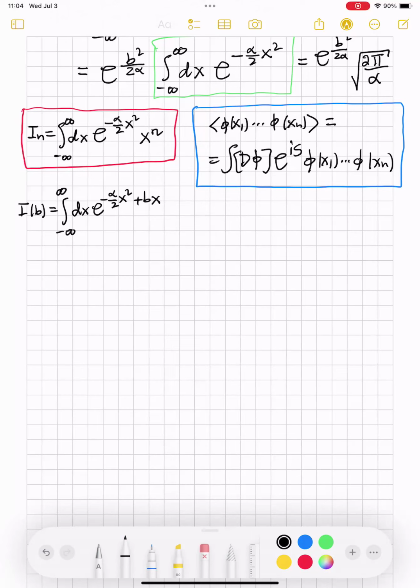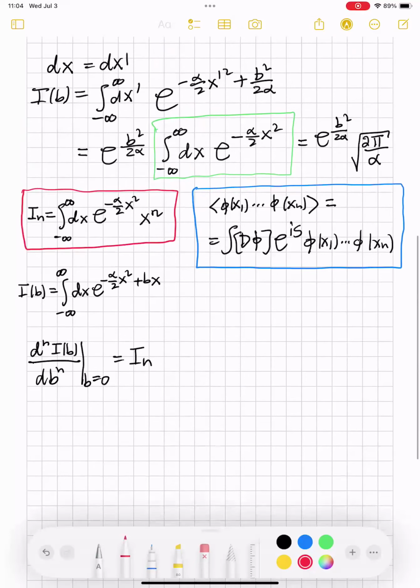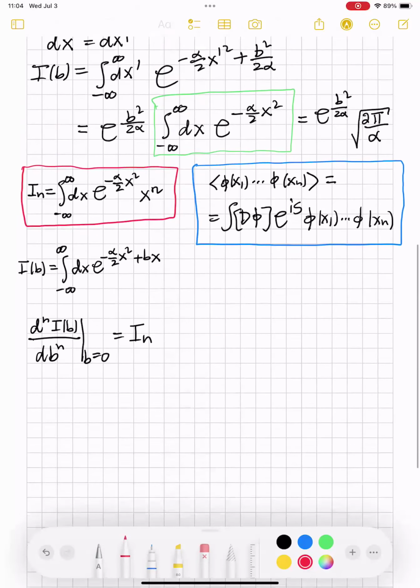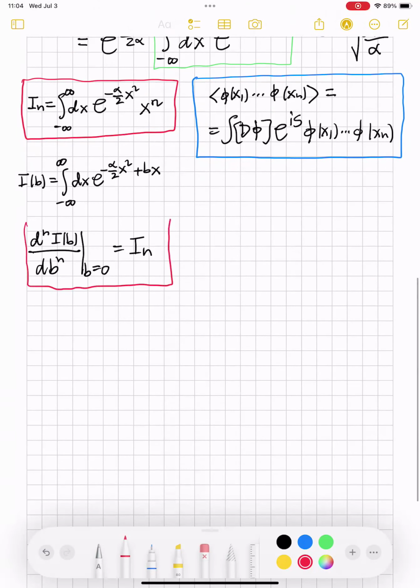And what was the important thing about this function I of b? Why was it interesting? Well, because if we took derivatives of I of b with respect to b, and evaluated this at b equal to 0, we got In. So it's this last boxed formula that I just added. This is the reason why I of b was interesting.